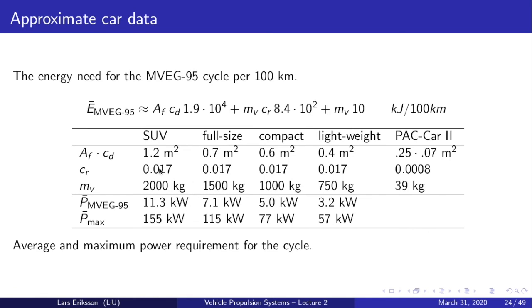You can see that over the European cycle it requires a certain average power, and the accelerations and high speed require a certain maximum power that we need to fulfill the driving cycle as it's stipulated. So these numbers you can return to and you can use for your own calculations if you're interested in seeing the required energy needed for certain driving.